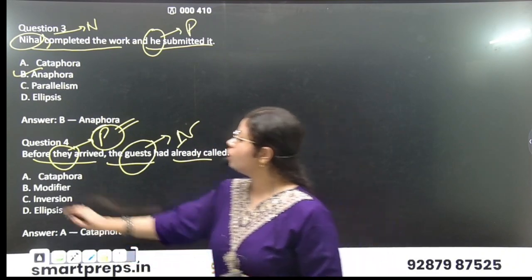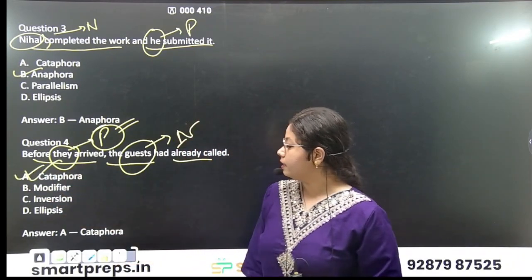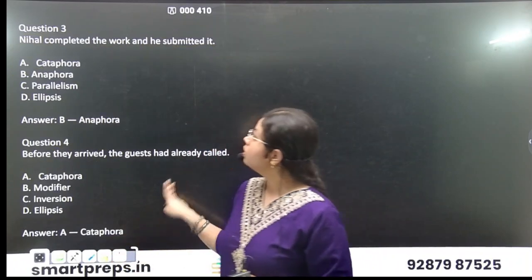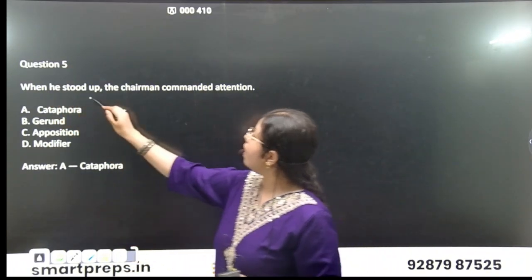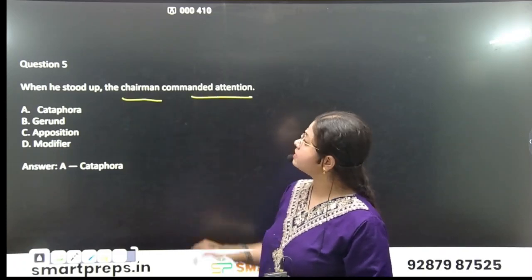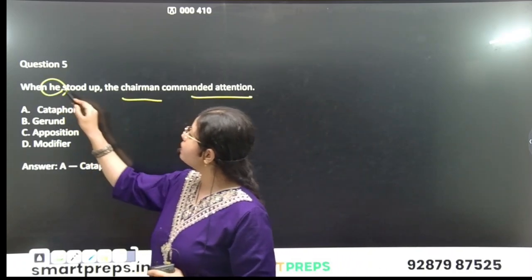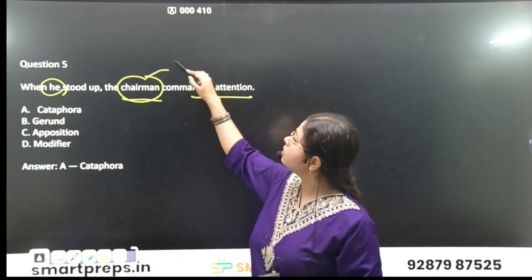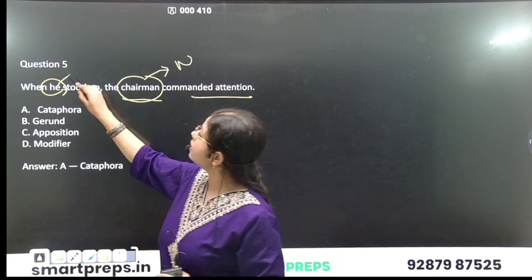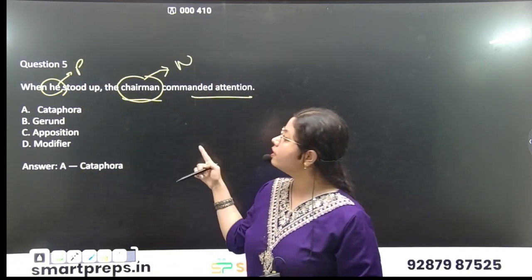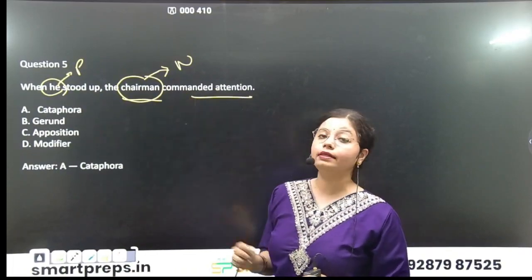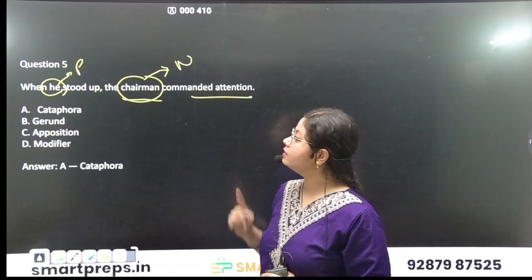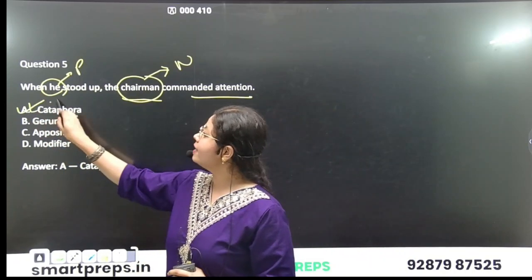So this is known as cataphora. Next question: when he stood up, the chairman commanded attention. The chairman is the noun here and he is the pronoun here. So here also the pronoun is in the very first place and the noun is in the later part of the sentence. So this is also known as cataphora.